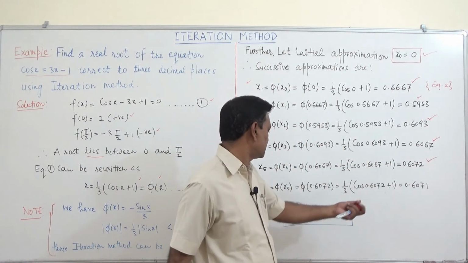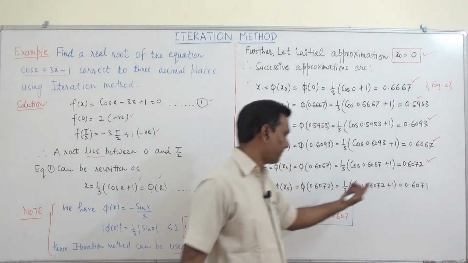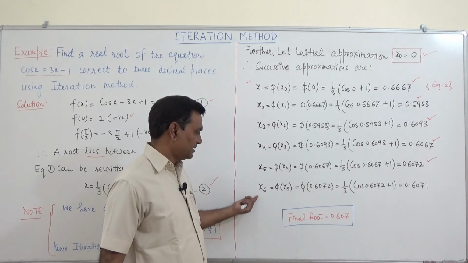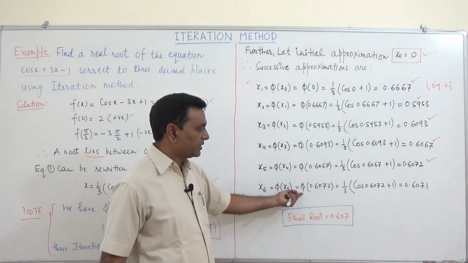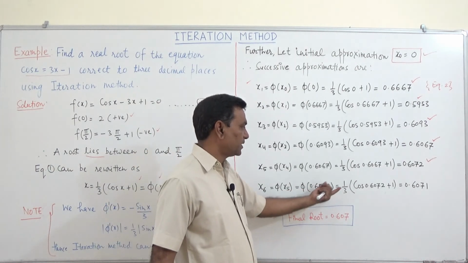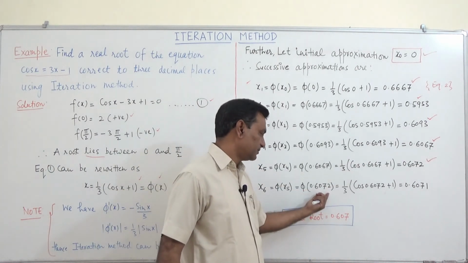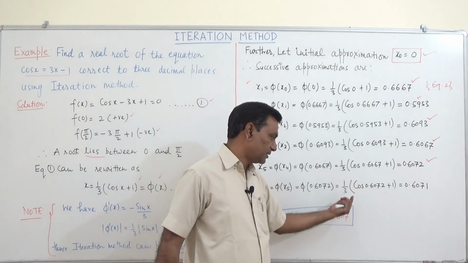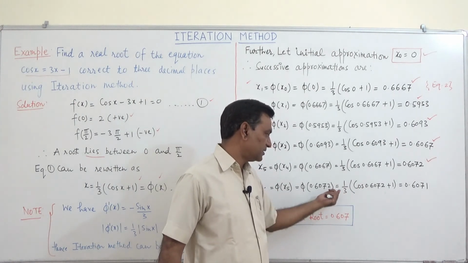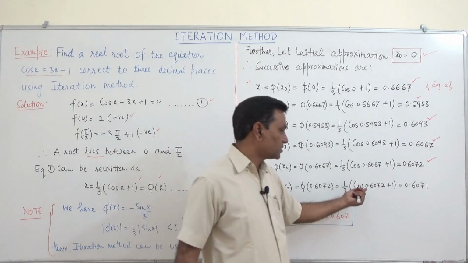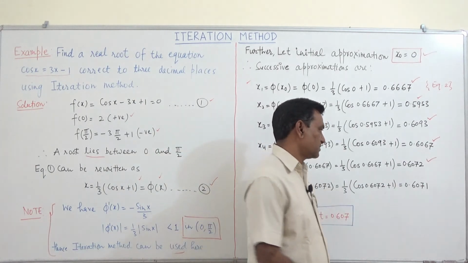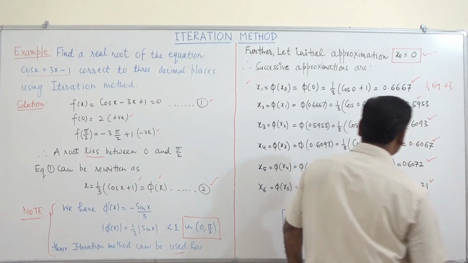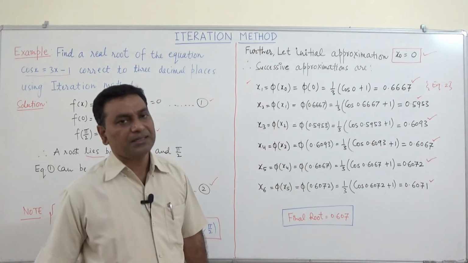Now this value of x5 can be used here for the sixth approximation. x6 = phi(x5) = phi(0.6072) = (1/3)(cos 0.6072 + 1), which comes out to be 0.6071.